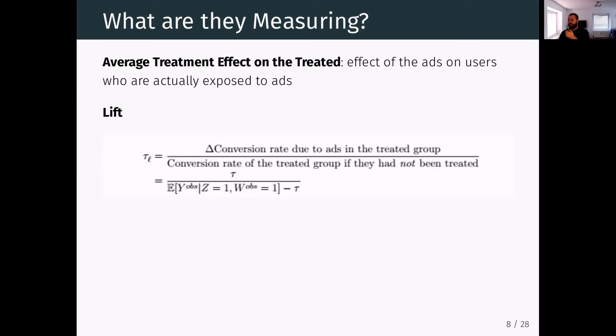So the idea of a counterfactual. If I hadn't been treated, what would my conversion rate be? So the ratio of that change relative to what would have happened if I didn't get treated is going to be their measure of lift that they want to use as their metric throughout the paper.